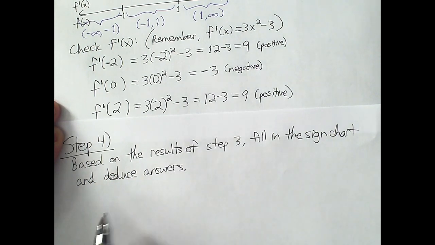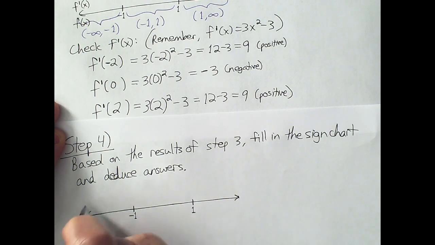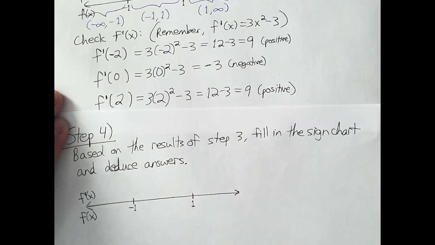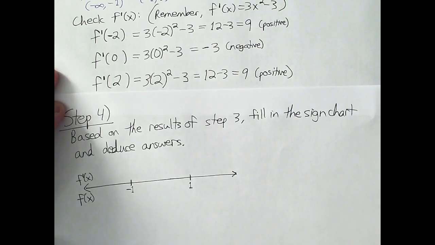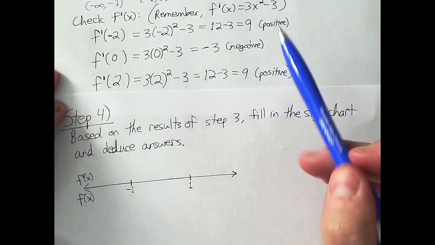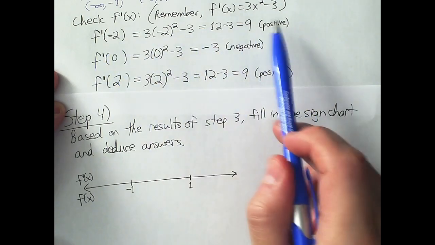So remember the sign chart we drew in step 2. I said something earlier about how typically in a problem we would only draw one sign chart for a problem, but I'm drawing 3 of them because we're discussing it for the first time. This is what the sign chart originally looked like in step 2 before we drew anything else on it. So this is what we have. And what we found in step 3 was that in the first interval, f prime was positive.